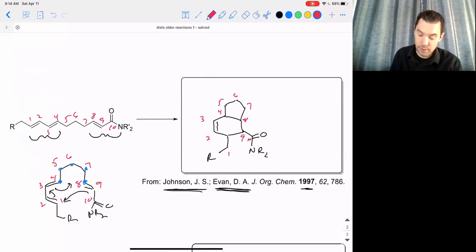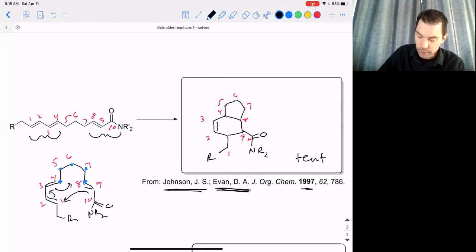All right, so that looks okay now. And now the question is, do we go exo or endo? And we have all kinds of stereochemistry involved in this one. It's actually going to generate 4 new stereocenters. And by the way, the starting material looks achiral, and this one looks like it's going to have a bunch of stereocenters. So let's put plus n here just to cover our bases.